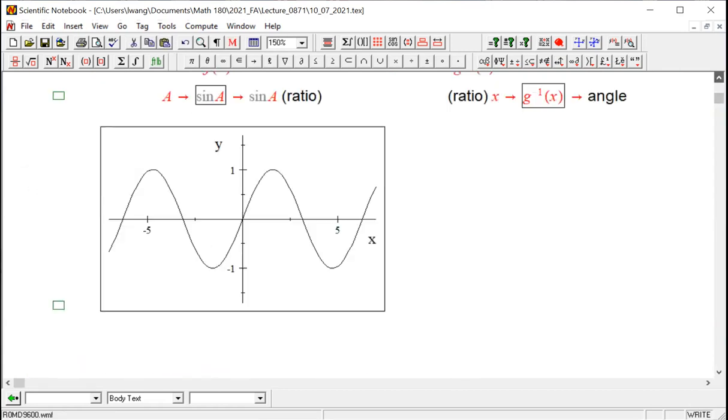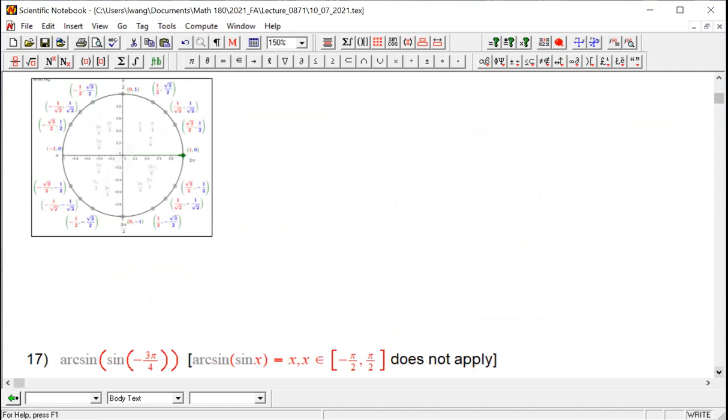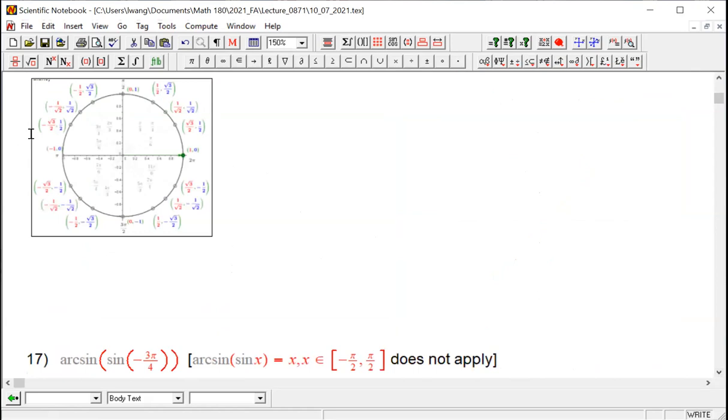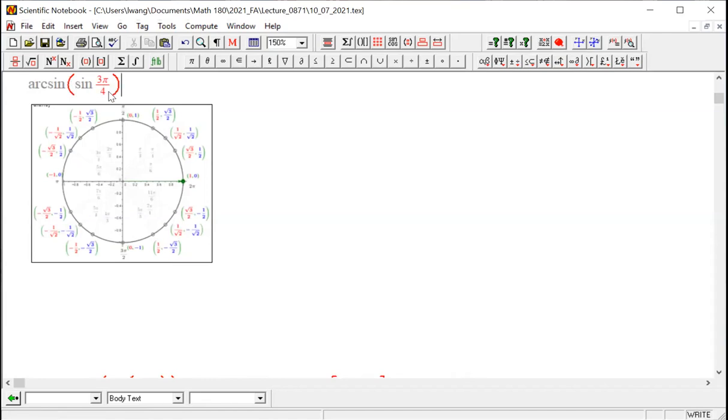We're still working with the same scenario, sine 3π/4. We work from inside out. When we work the sine 3π/4, we know the angle first, and this angle is measured counterclockwise and terminates over here.